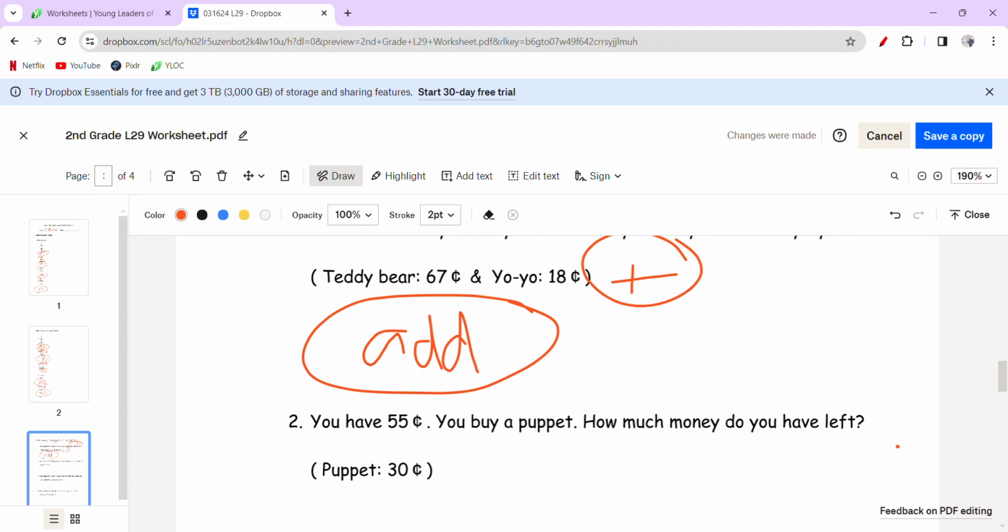You can just add 67 plus 18. 7 plus 8 is 15, so 5 over here, move the 10 here, and then 6 plus 1 is 7, plus 1 is 8. 85 cents.